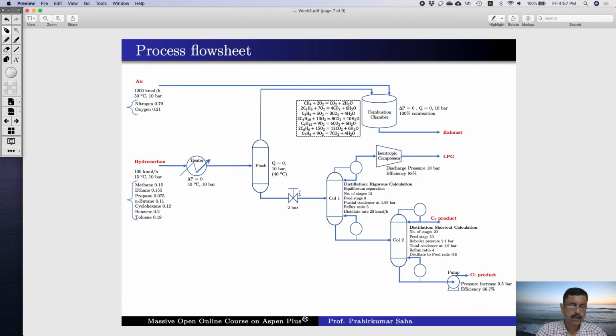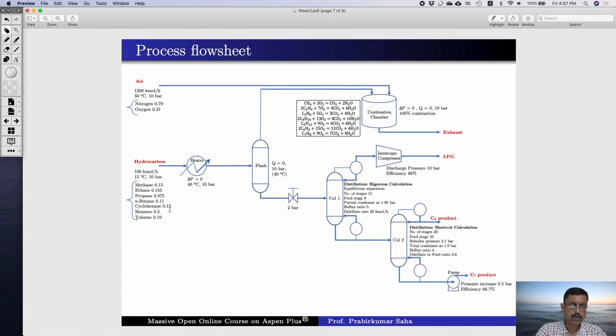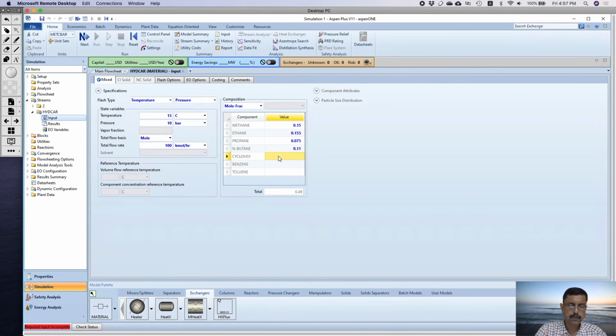So propane 0.075, N-butane 0.11. Cyclohexane 0.12, benzene and toluene 0.2 and 0.19. So the total is 1.